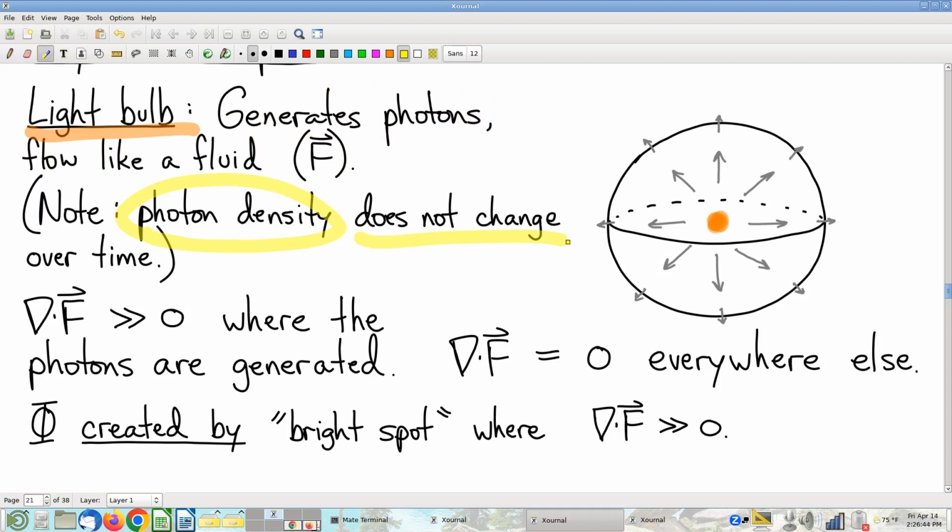However many photons per cubic centimeter you have right here, wait 5 seconds, the number of photons per cubic centimeter in that same location is the same. We're not collecting photons. We're generating tons and tons of photons, but we're not collecting more and more, and eventually the whole world will be nothing but a solid block of photons, right? It does not happen. Does that make sense?